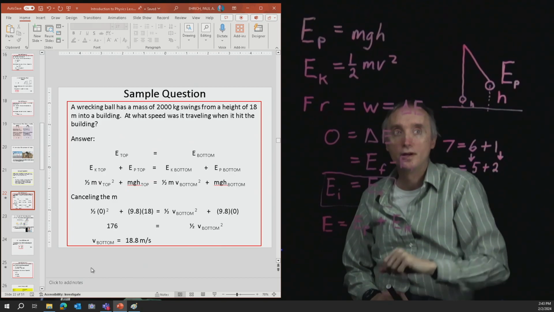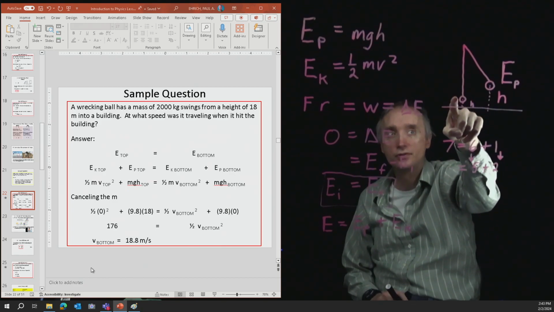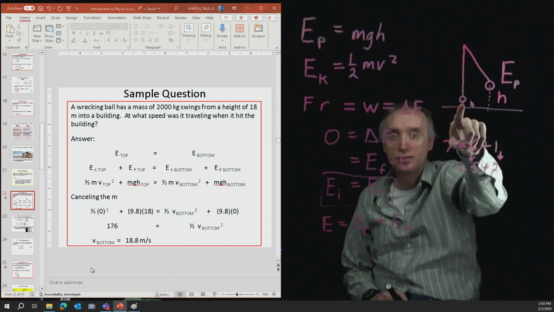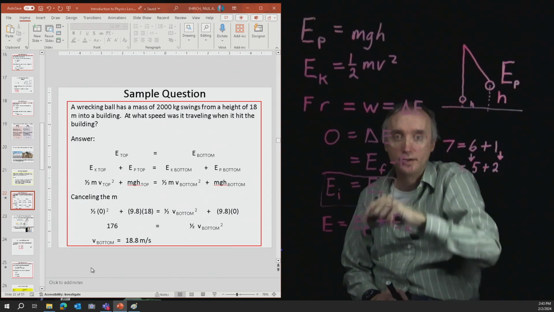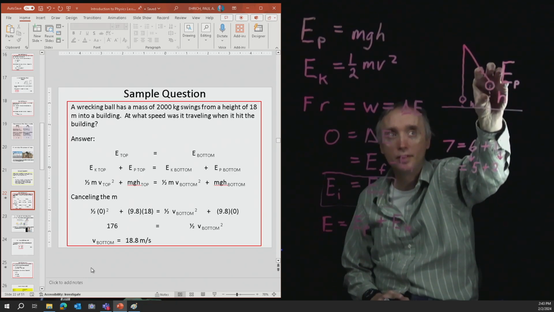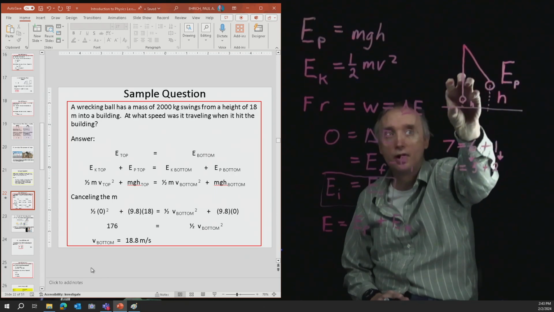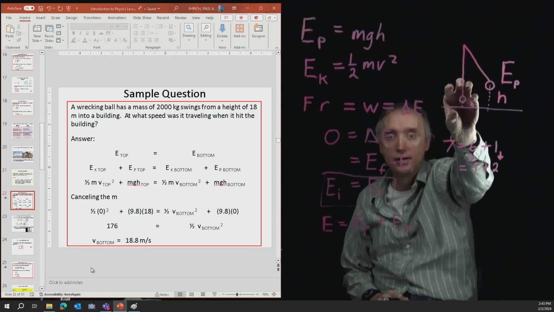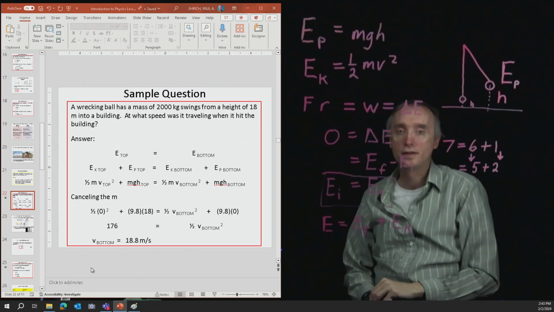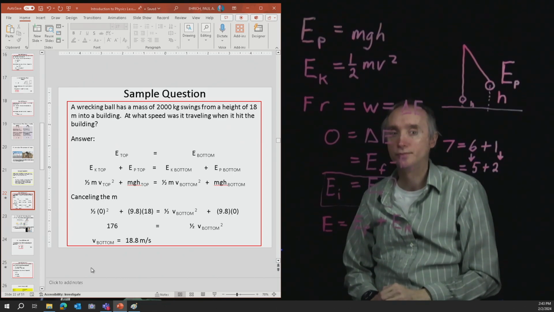So therefore, it has no potential energy when it's down here. So this part is 0. So it simplifies greatly there. So essentially, we're taking all potential energy up here, and we're turning it into all kinetic energy down here, and then you solve it for the letter v. So that would be something that I would expect you to be able to do.